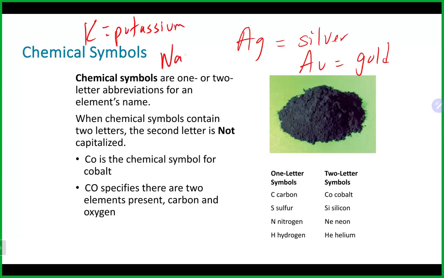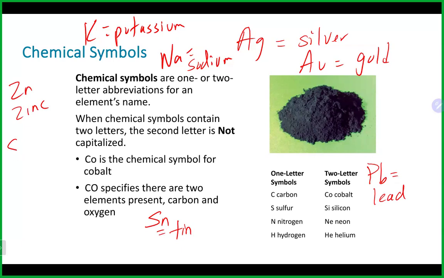Na is sodium, yeah. How about Pb? Pb is lead, actually. How about Sn? That is tin, yeah. Zn is zinc, yeah.